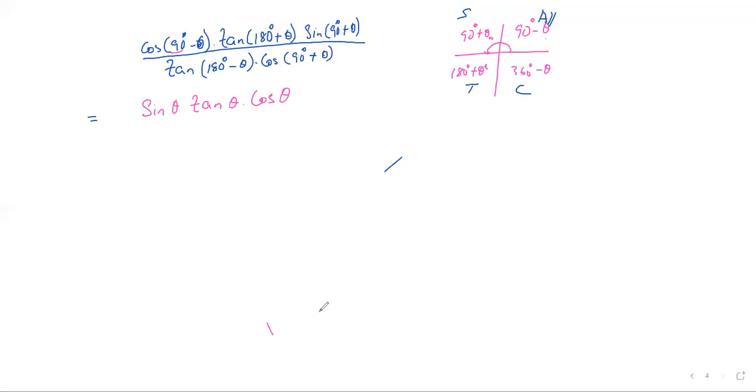Don't forget we have an odd multiple of 90. This will change into the co-ratio. And then the tangent of 180 degrees minus theta is in the second quadrant, tangent will be negative there.